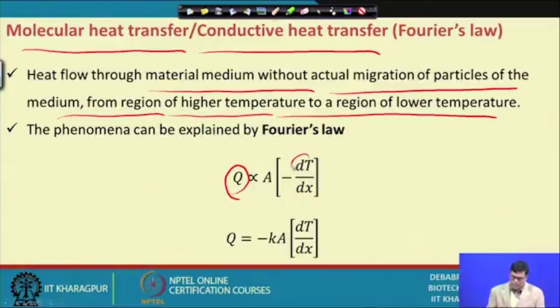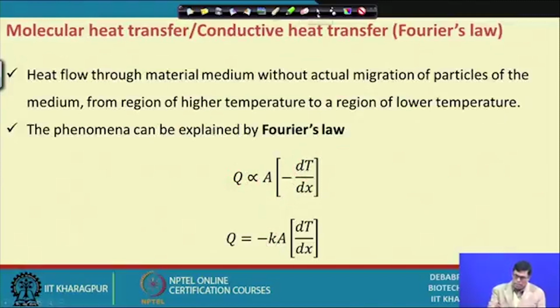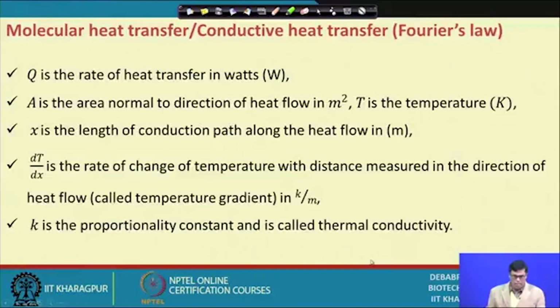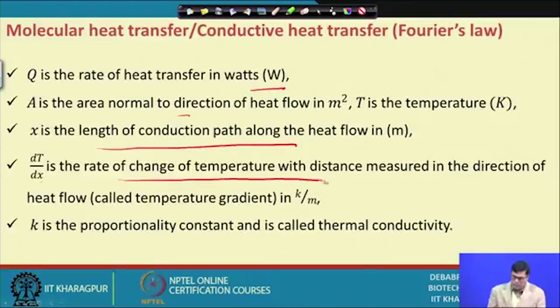Now dT is the temperature difference, dx is the thickness of that particular media, and A is the area that we have. K is the proportionality constant. Now Q is the heat transfer rate, A is the area, x is the length of the conductive path, dT by dx is the rate of change of temperature with distance measured in the direction of heat flow, and K is the proportionality constant.